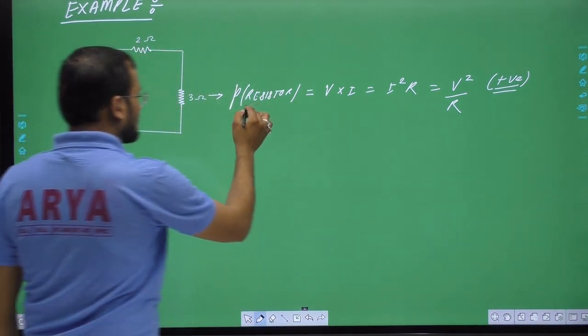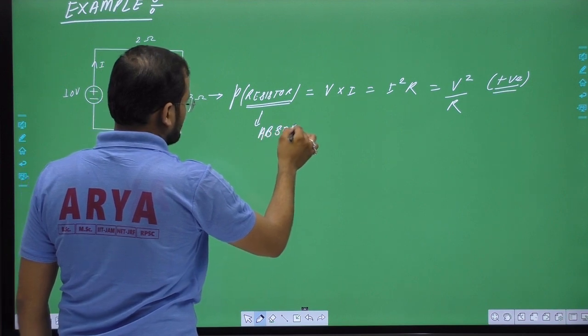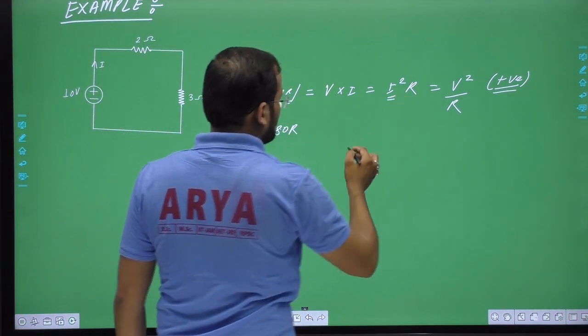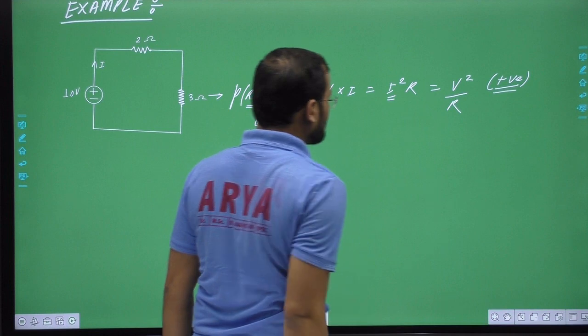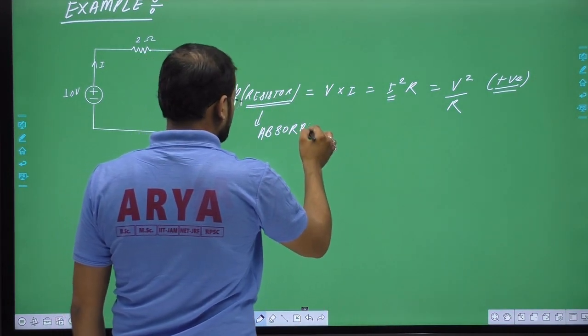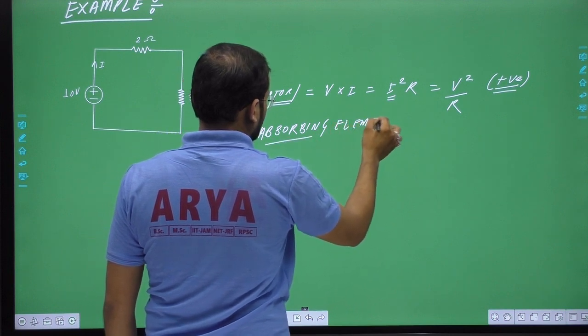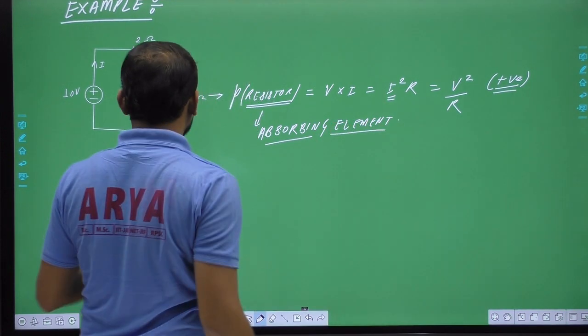So we can say that resistor is an absorbing element.